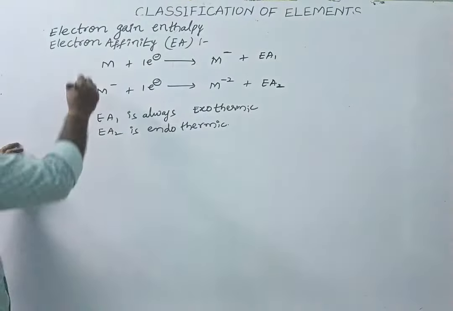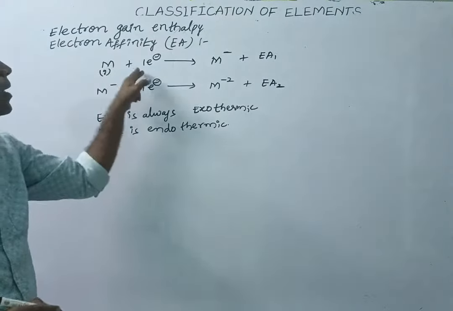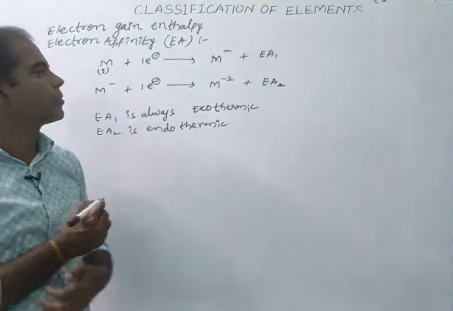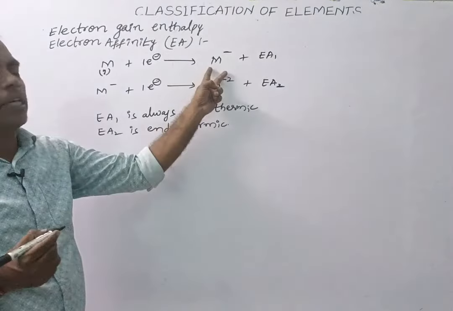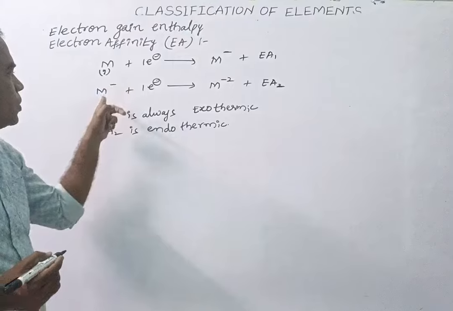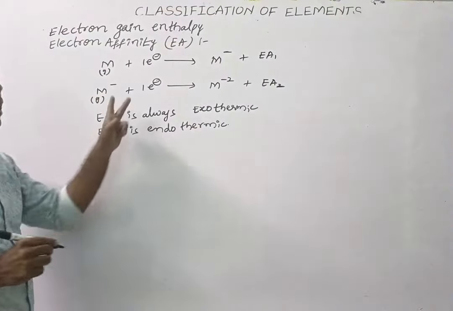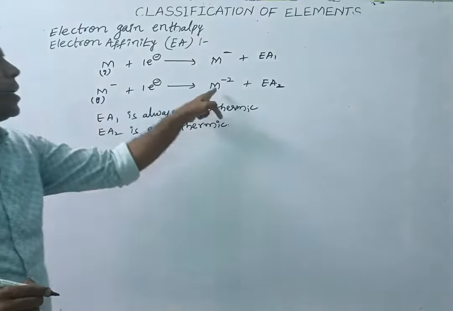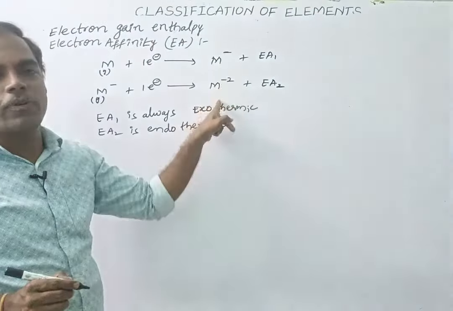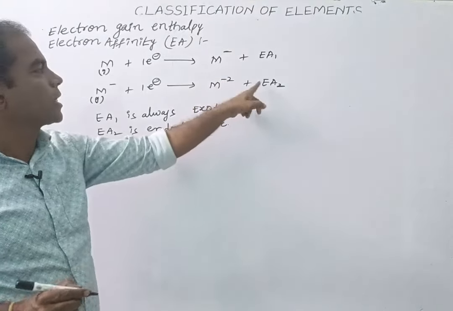See, to the gaseous neutral atom, we add one electron. It takes the electron, releases some energy, and is converted to a uninegative ion. To this negative ion, we add one more electron, and a dinegative ion is formed. This is known as second electron affinity.